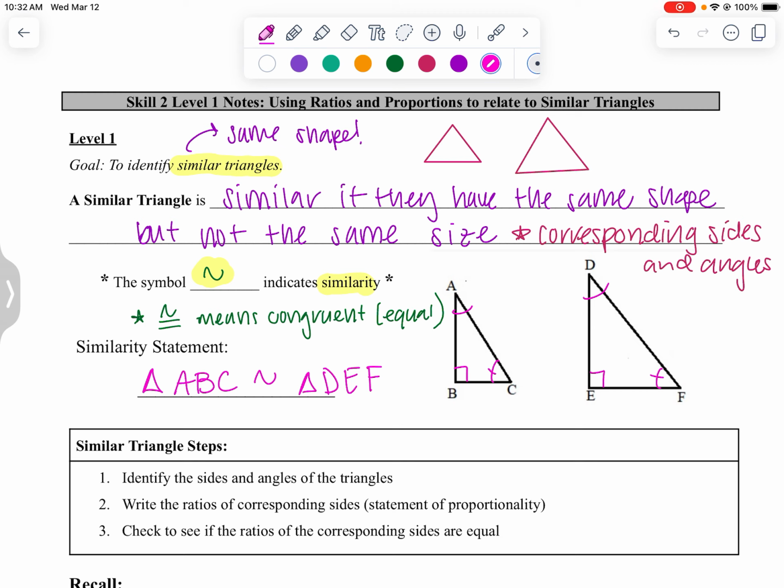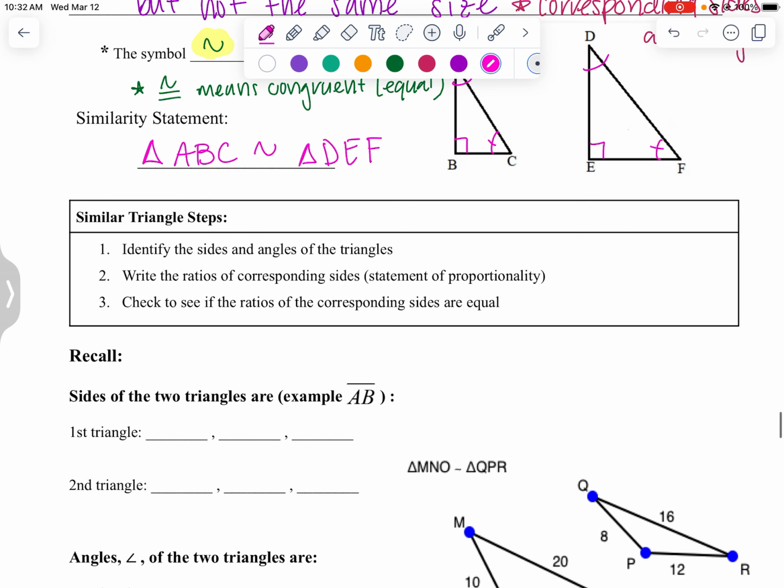It's not super important to know the similarity statement, but it is good to know when we are labeling our triangles. All right, so we do have similar triangle steps. The first step is to identify the sides and the angles of the triangles, and here we're going to use the congruent symbol.